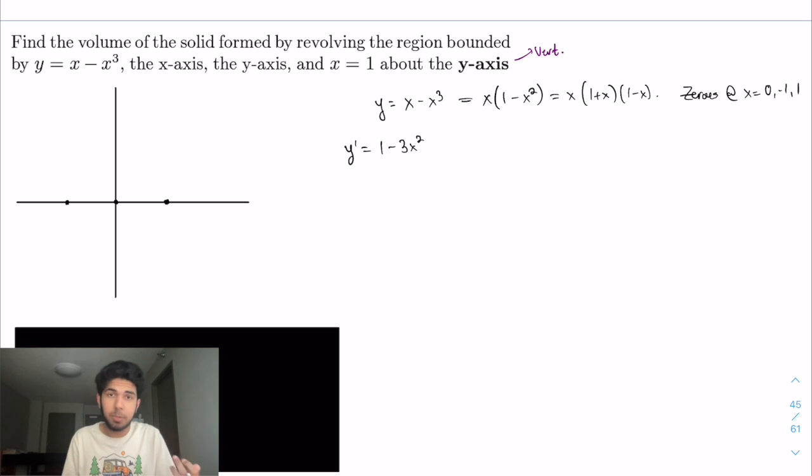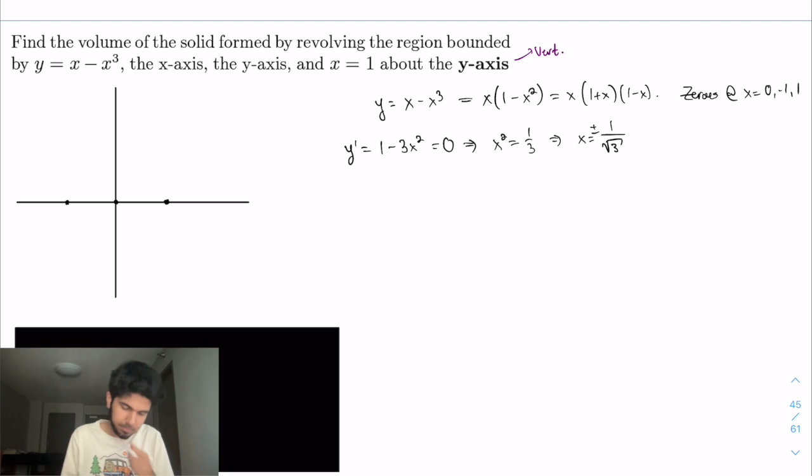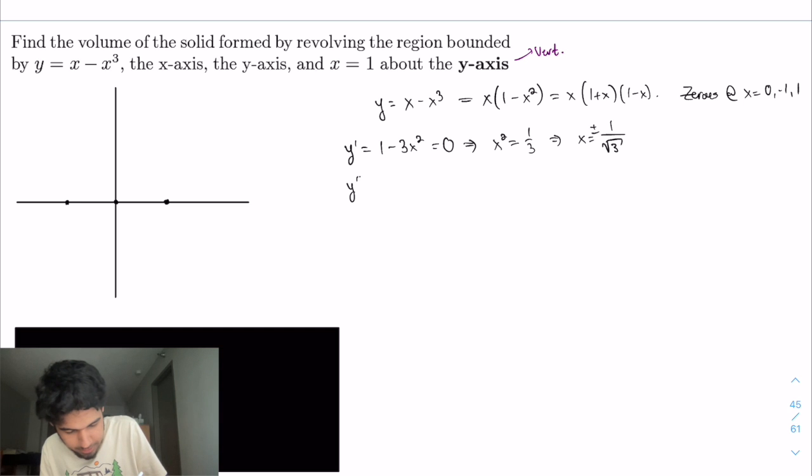To get the critical points, we set that equal to 0 and solve for x. So solving for x, we get x squared equals 1/3, or x is equal to plus or minus 1 divided by the square root of 3. Okay, so we have two critical points. Let's take the second derivative.